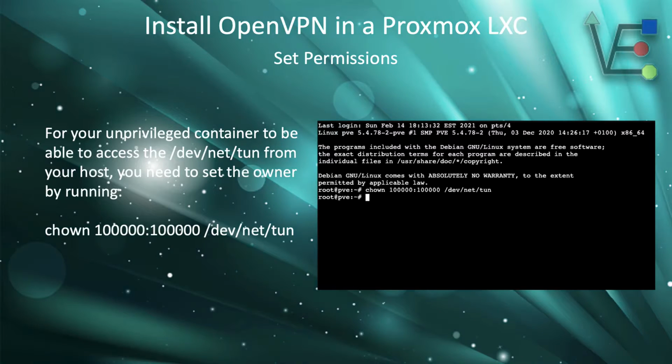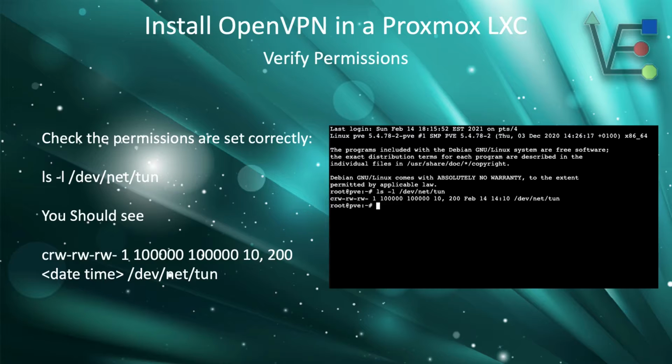This will set the permissions for our container so that we can use the /dev/net/tun file for our OpenVPN. On the right-hand side, you can see the output that will be generated from entering this command. It goes straight to the next command line with no output displayed.